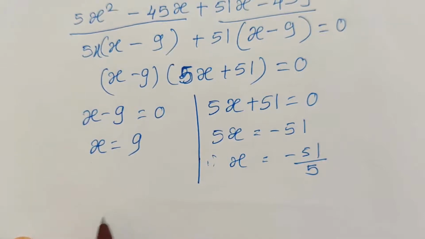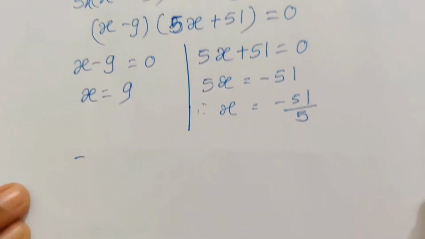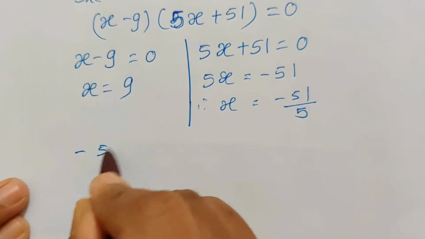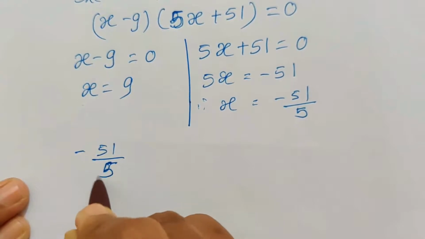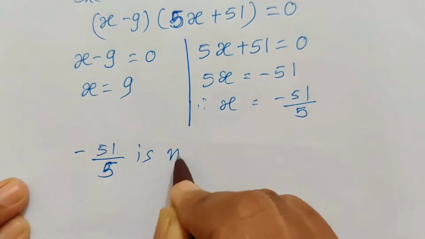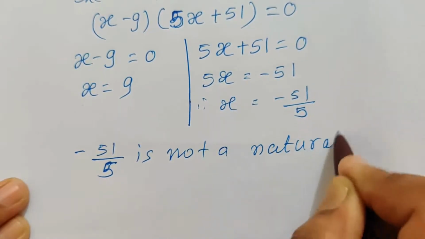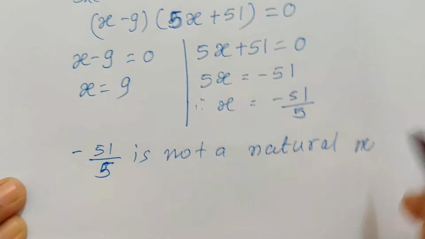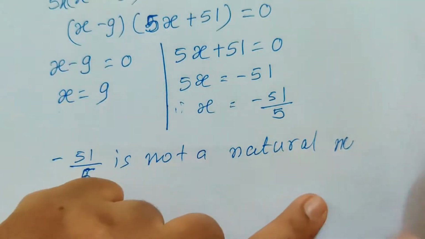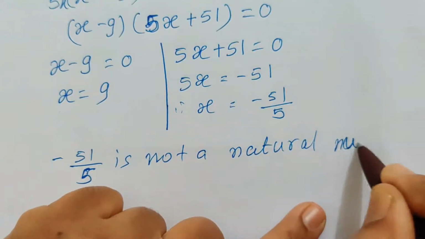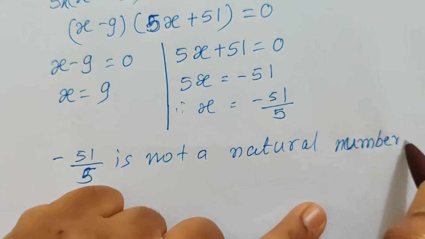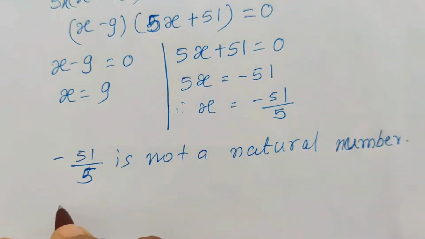So you have to write it here, minus 51 upon 5 is not a natural number. And so x is equal to 9 is the correct answer.